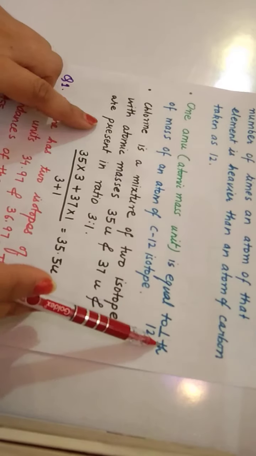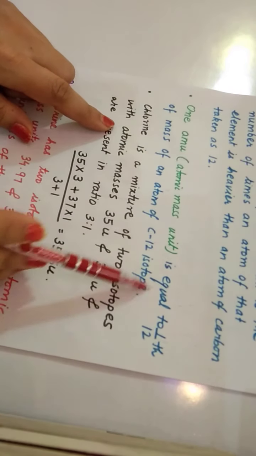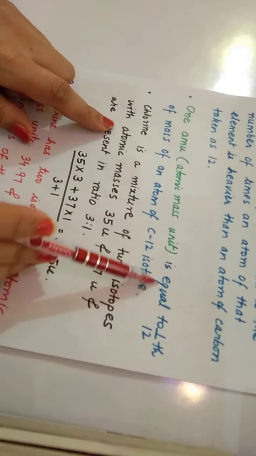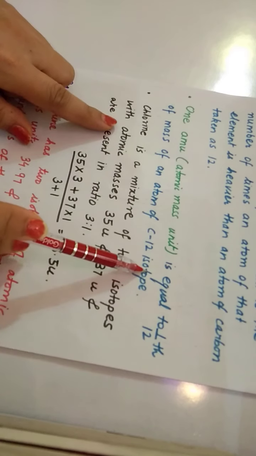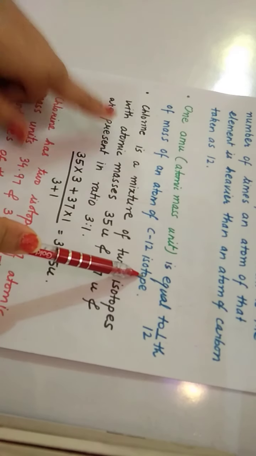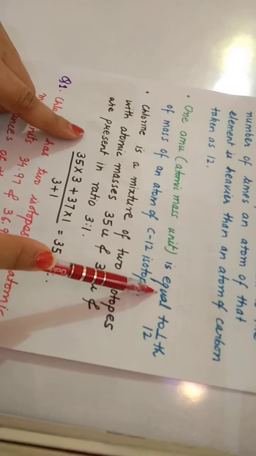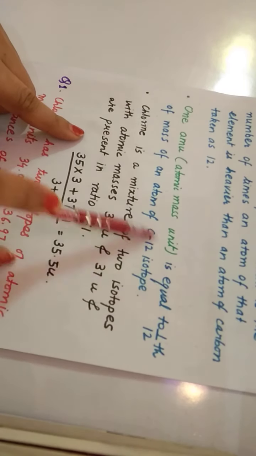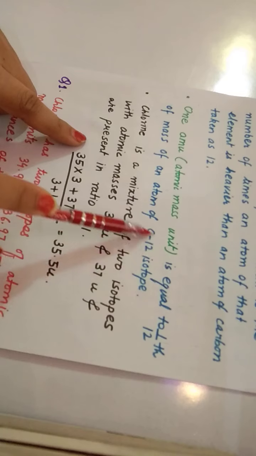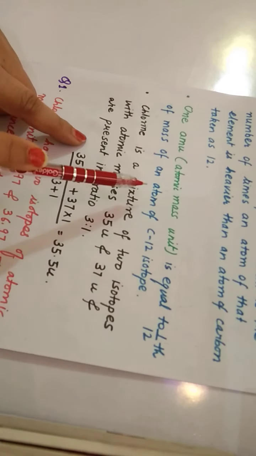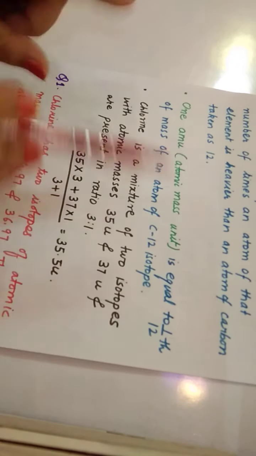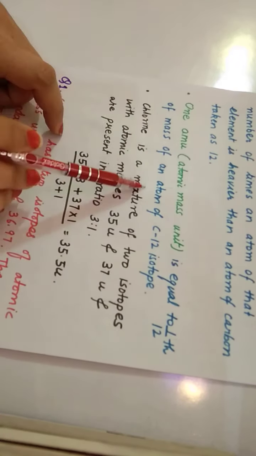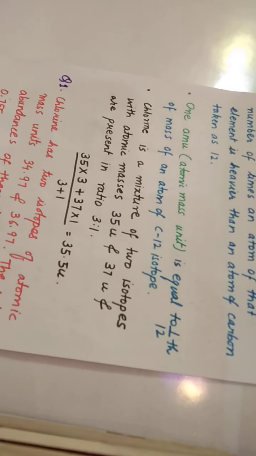We take the mass of the carbon 12 isotope, and it will be equal to 1/12 of this one. Like one atomic mass unit is equal to 1/12 of the mass of an atom of carbon 12 isotope. It is one atomic mass unit.